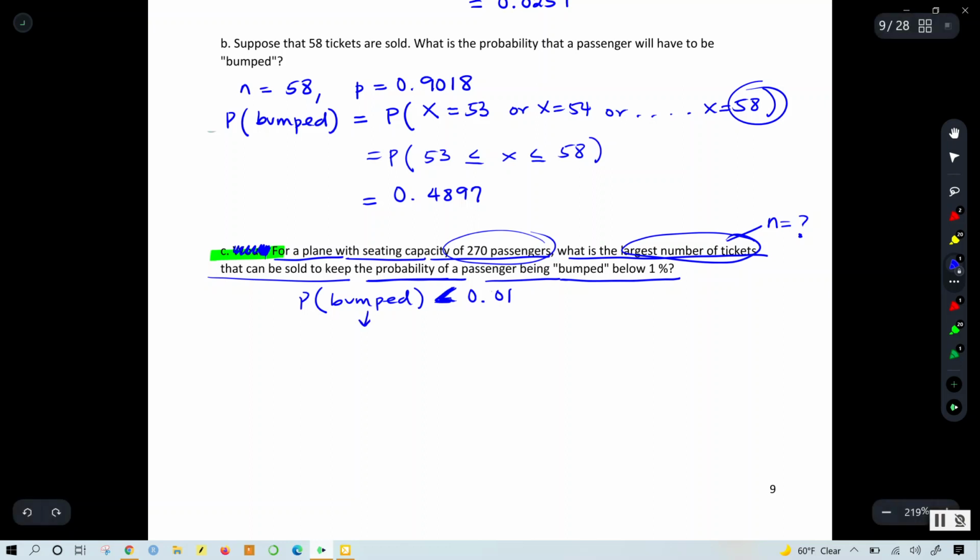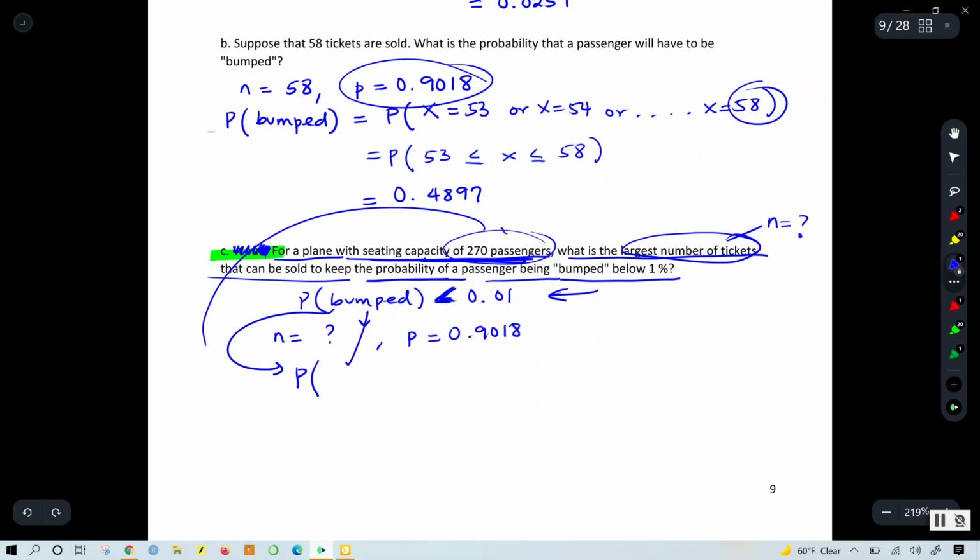Well, the first question we ask is, what parameters are we working with here? We don't know what our n will be to ensure that this condition is met. We do know that the probability of success that we've been using so far is 0.9018. We also know that if the seating capacity is 270 passengers, then the probability of being bumped is the probability that the number of passengers who showed up will be greater than or equal to 271.